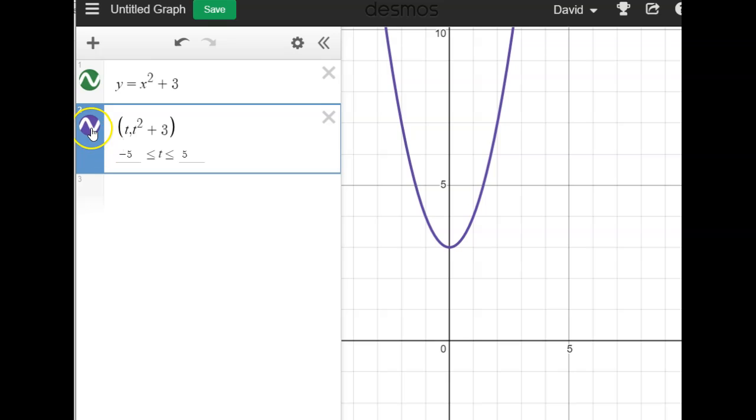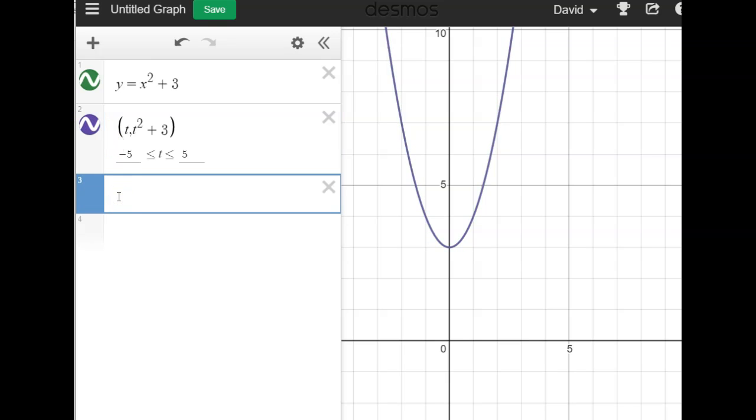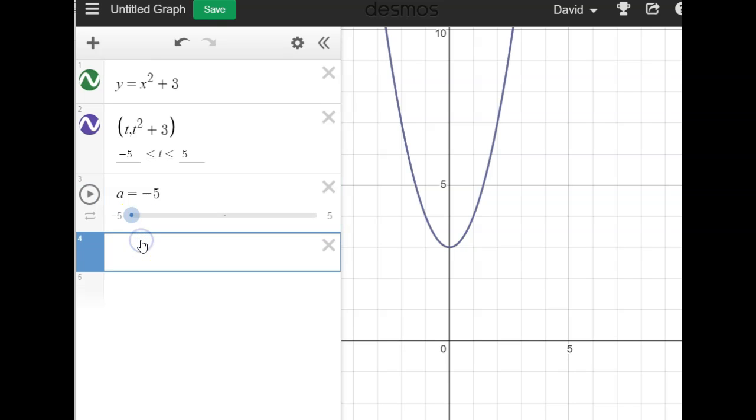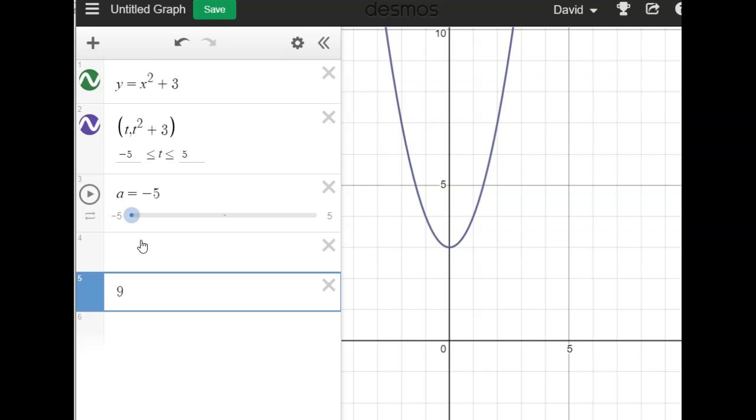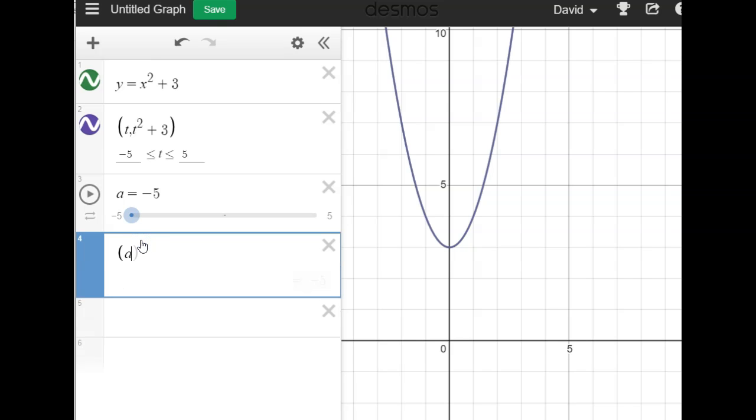That's the big benefit of coming up with a parametric representation, is to come up with how the value changes within the curve. So I like to use A for another version of the parametric equation, and then I plot it again with A as the parameter instead of t. So A and A squared plus 3.